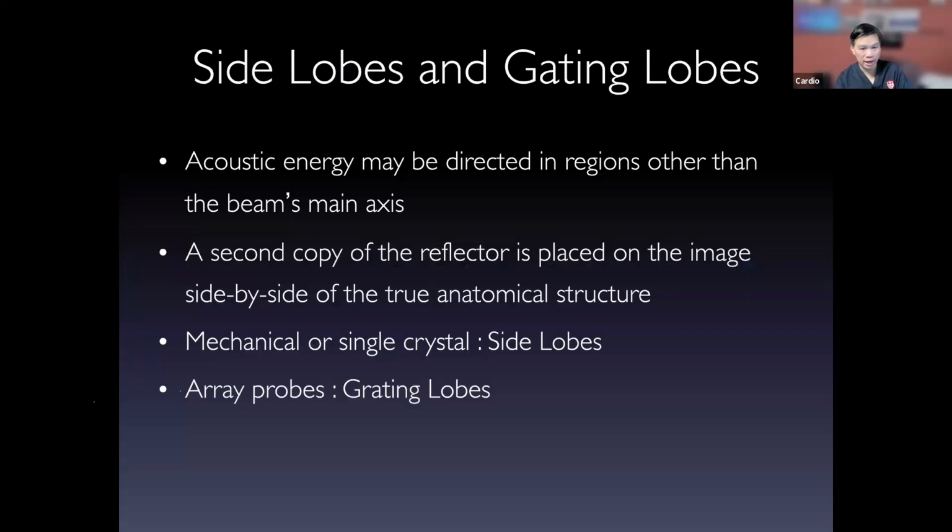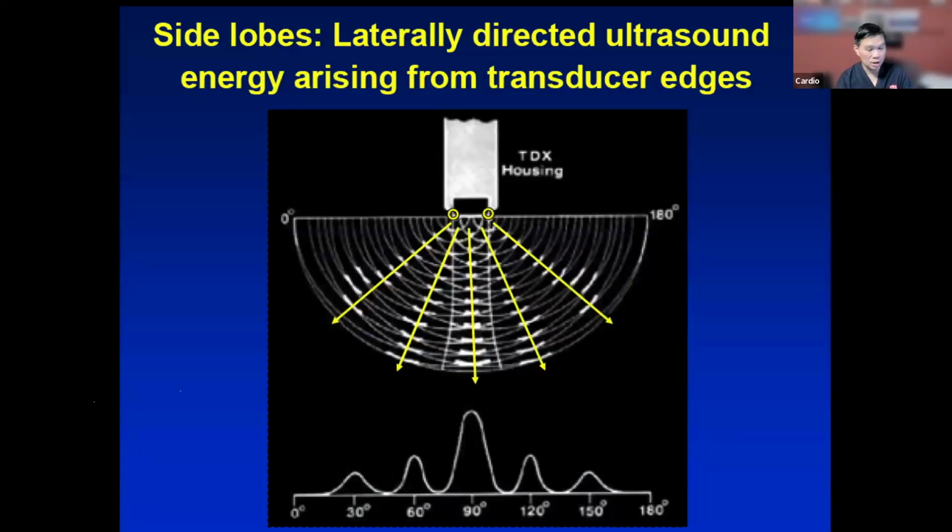Because acoustic energy may be directed in regions other than the beam main axis, a second copy of the reflector is placed on the image side by side of the true anatomical structure. Mechanical single crystals can create side lobes, and array probes, which is what we're using, create grating lobes. Because of constructive and destructive interference, you get other structures that are on the side.